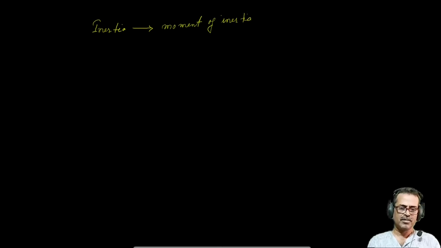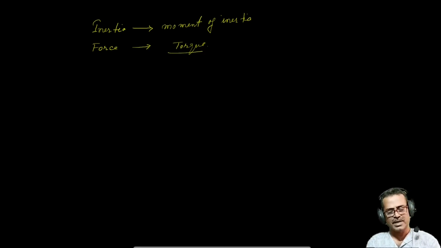By changing inertia to moment of inertia and force to torque. So in the first law, it is given that if there is no external unbalanced force acting on a system of bodies, the body remains in a state of rest or of uniform motion in a straight line.